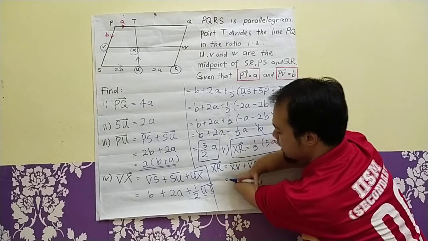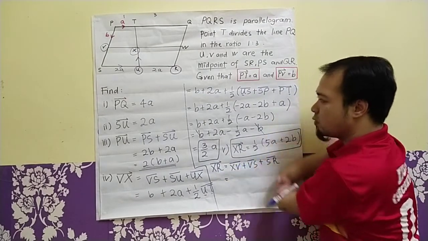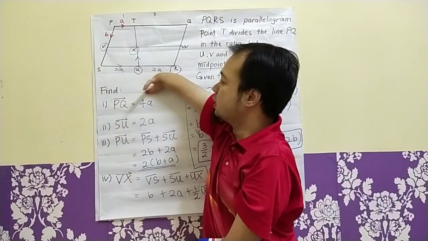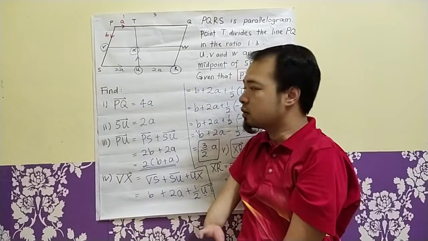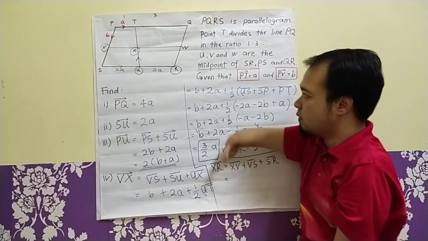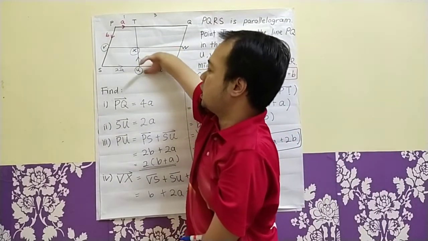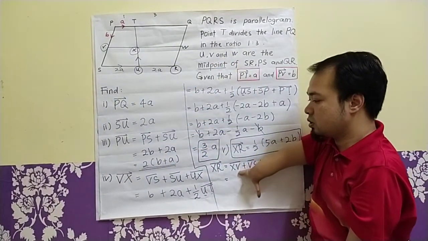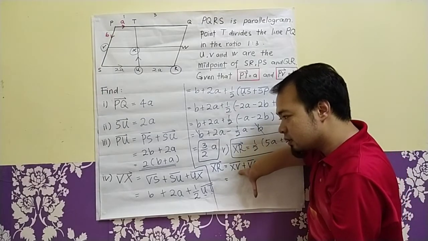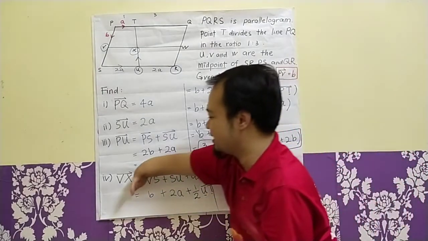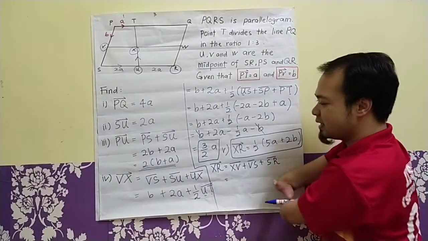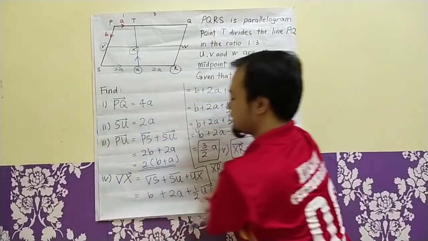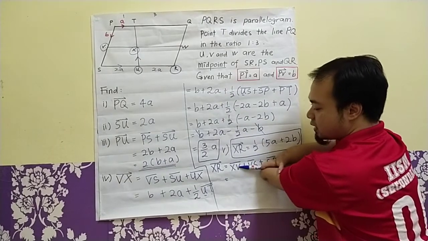Why do I choose XV? Why don't I go XU? XU is a shortcut, but why do I go another way? XV. Because of question number 4. If you look at question number 4, it said VX. So this is XV.